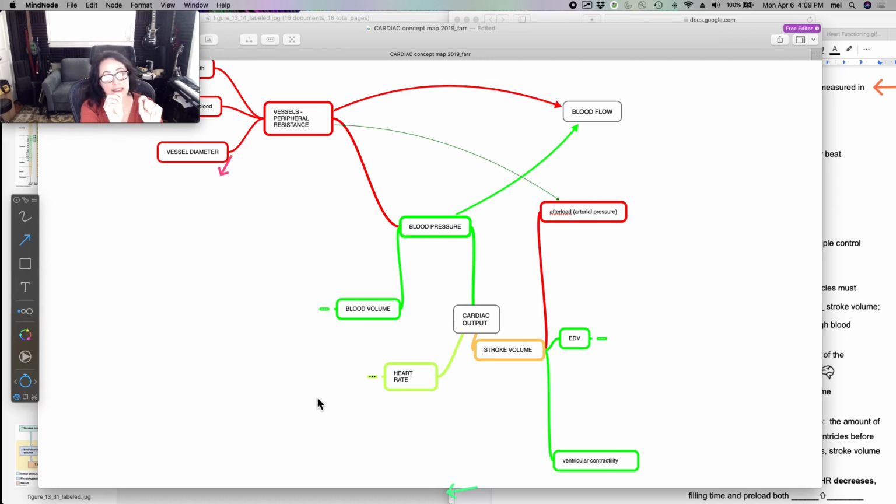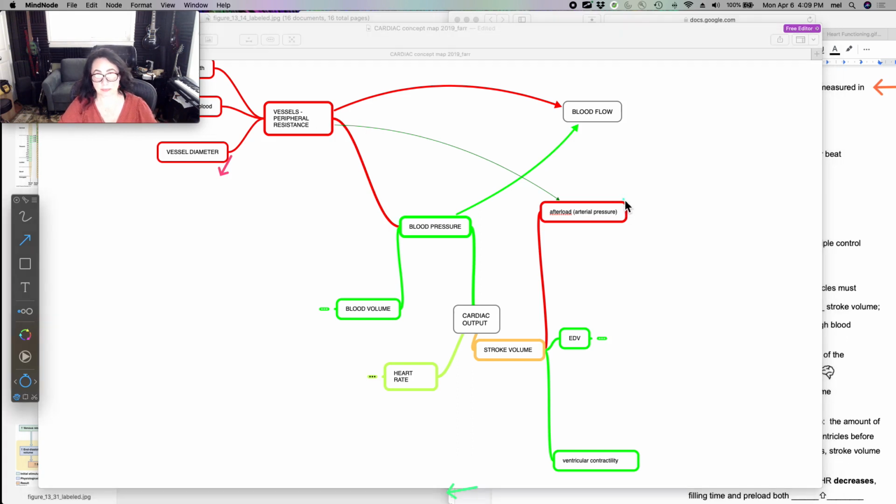So let's say the left ventricle is generating a pressure of 120 millimeters of mercury, but the pressure in your arteries that you're pushing against is 105. There's not a very big delta P. So if the pressure in the arteries, which we call afterload, is really high, it decreases the delta P, so less blood is actually going to leave.